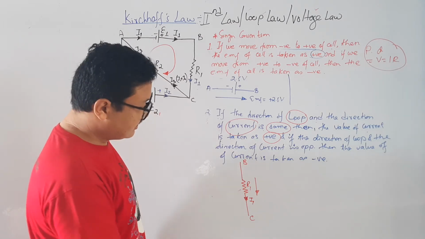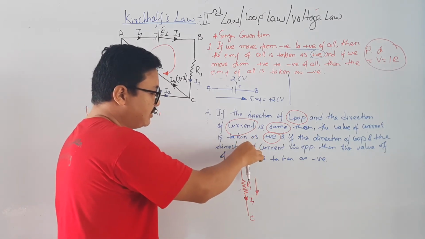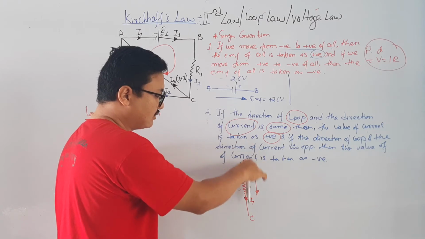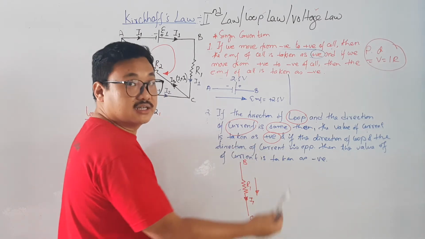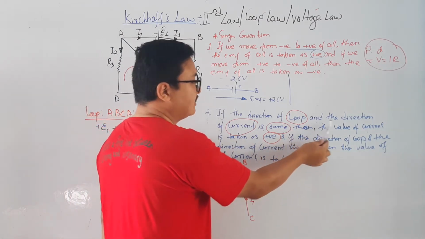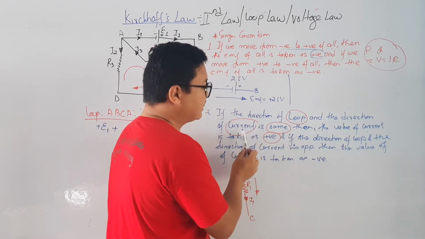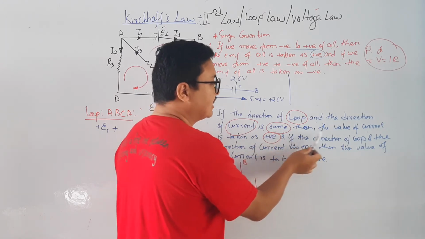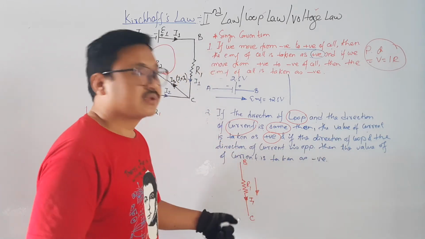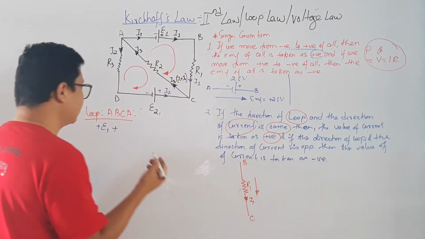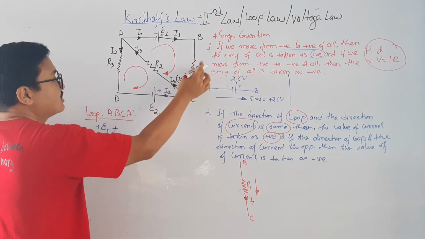Now, if you see here, I am going from B to C and the current is also going from B to C. It means that the direction of loop and the direction of current are the same. Then the current is taken as positive. So how much is the potential drop?